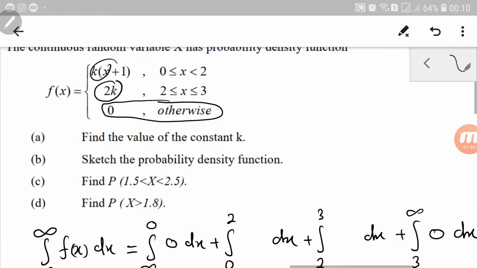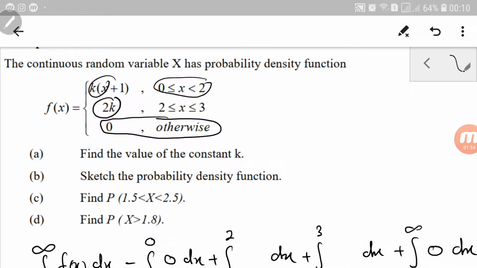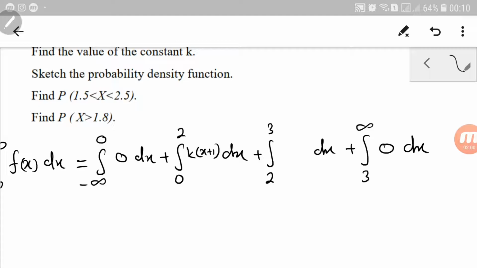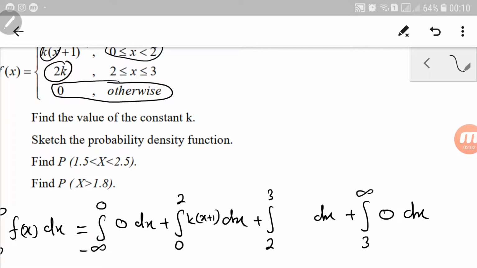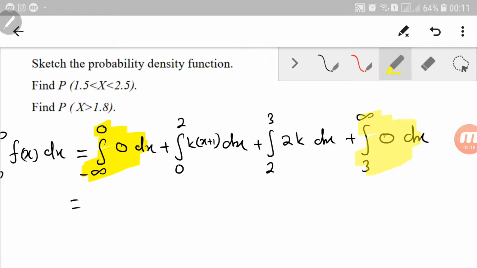For the second integration, it lies from 0 to 2, so we are taking this function, which is kx plus 1, while the integration from 2 to 3 is this function, so 2k. As we know from previous videos, these two are 0.